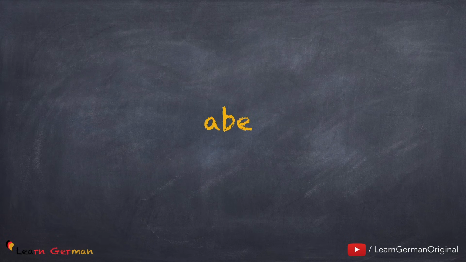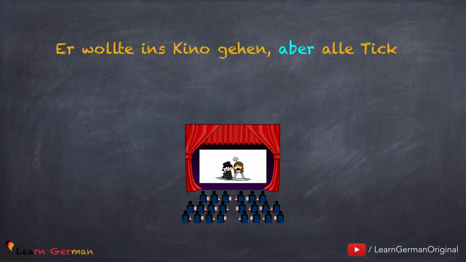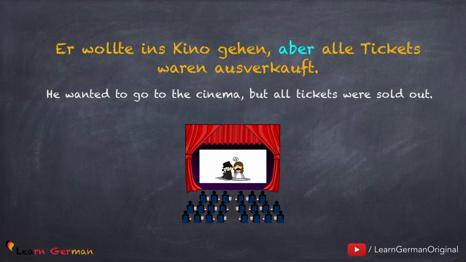The next conjunction is aber. And here's the first example. Wollte ins Kino gehen, aber alle Tickets waren ausverkauft. Here also, the conjunction aber is bringing two sentences together.